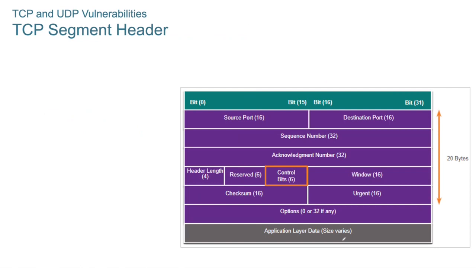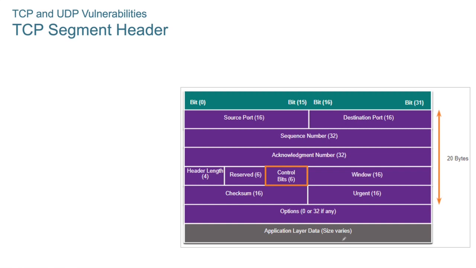Right? So in this TCP segment header, if you observe, some attacks target the IP address, and some attacks target the TCP and UDP packets, segments. This TCP segment information appears immediately after the IP header.